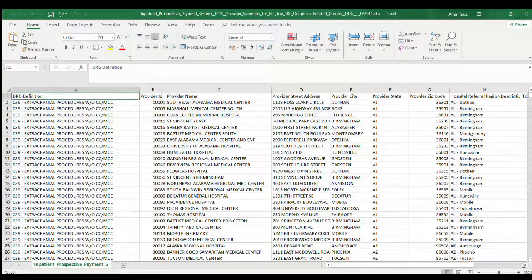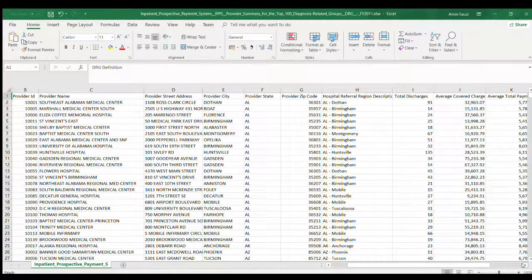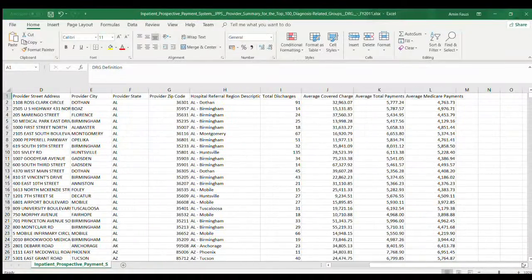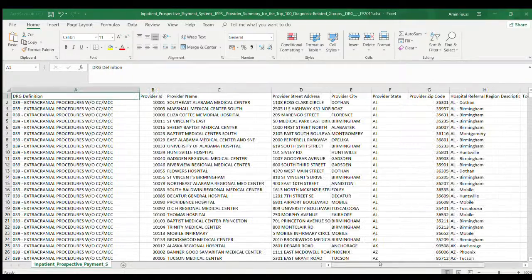The total discharge of this hospital is 91. Covered charge is 32963.07. The average total payment is 5777.24, and the last one, average Medicare payment, is 476373. So here is the data collection of the payment.